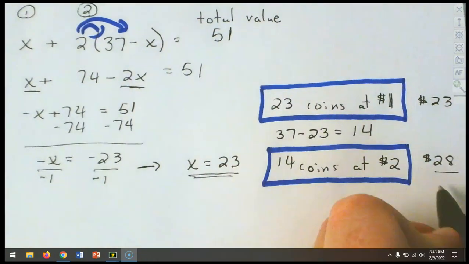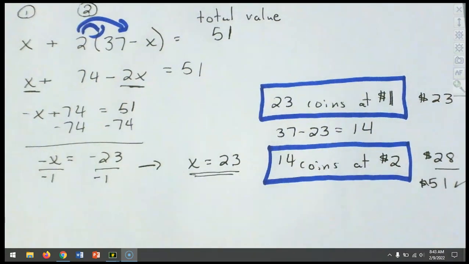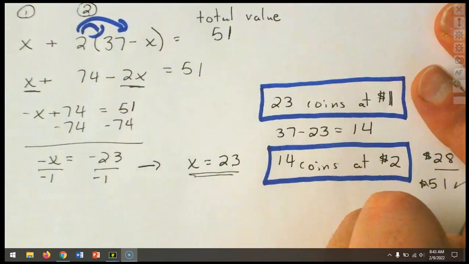And if I add them together, what do I get? $51, so I know that I did it correctly. You can always check them by just simply finding out the total value, and it should be 51. Also look at the coins. How many total coins do we have? 37. If I add these together, do I get 37? Yes, I do. So you can check it a couple of different ways.